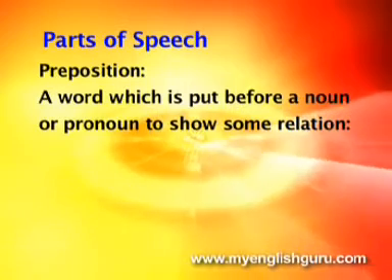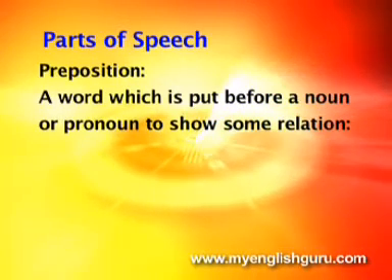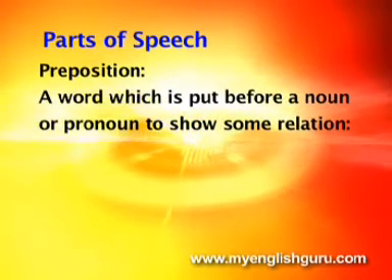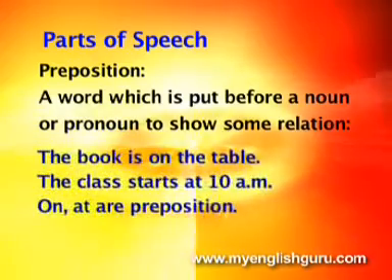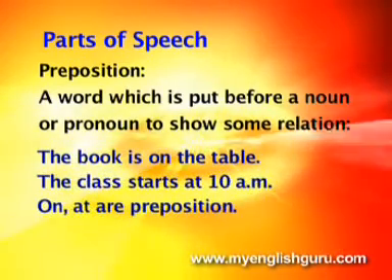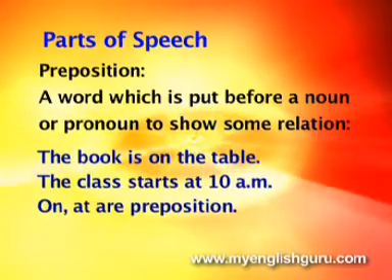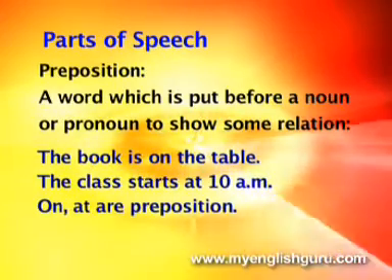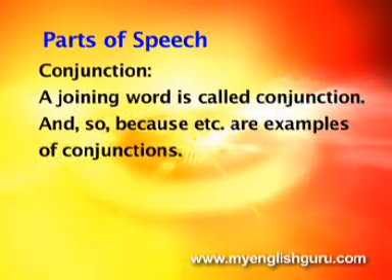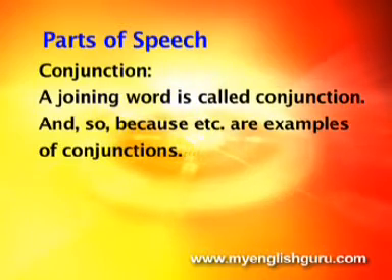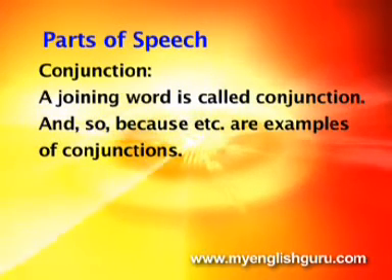6. Preposition. A word which is put before a noun or pronoun to show some relation. The book is on the table. The class starts at 10 a.m. On and at are prepositions. 7. Conjunction. A joining word is called conjunction.